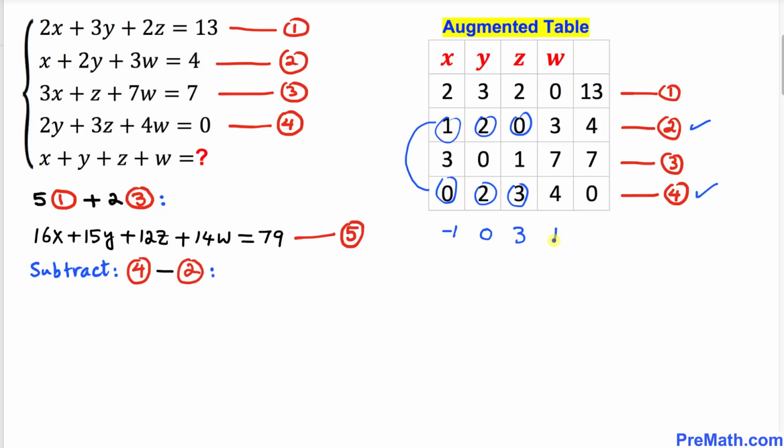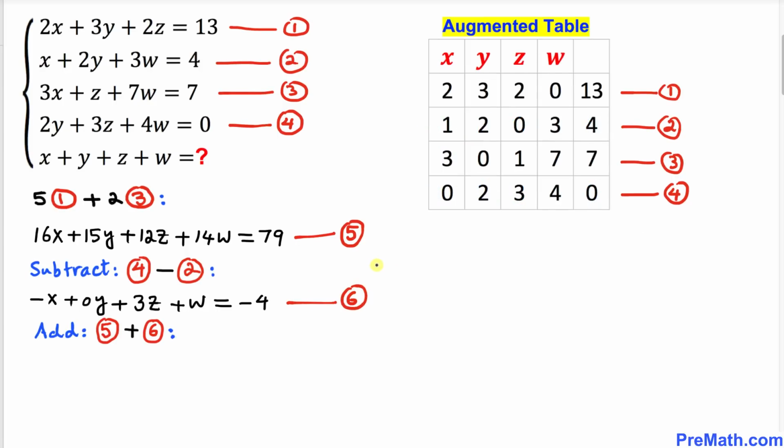Likewise, this is 1, and 0 minus 4 is -4. So we can write these numbers as an equation: -x plus 0y plus 3z plus w equals -4.